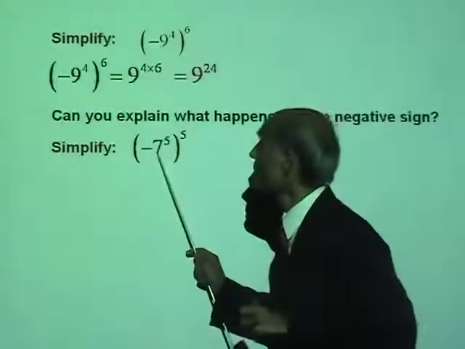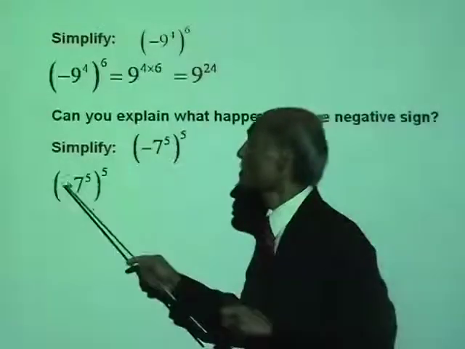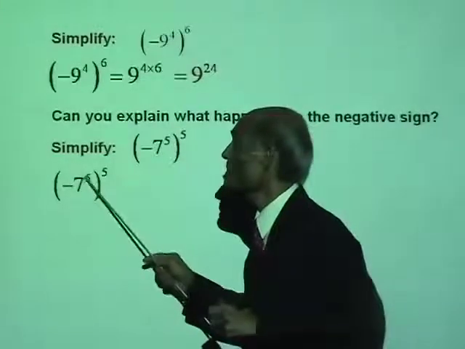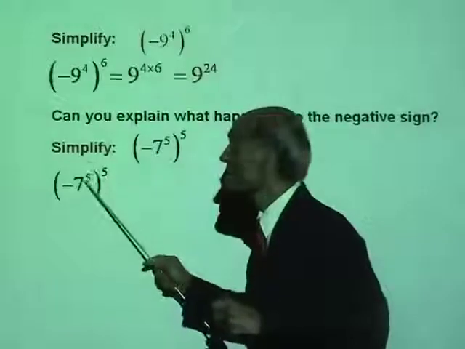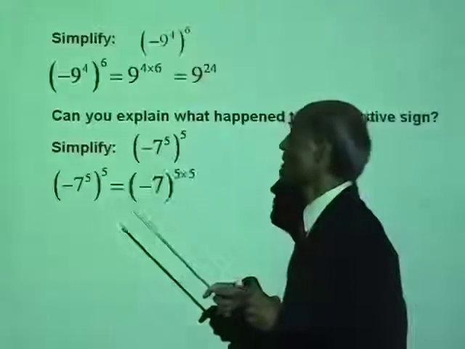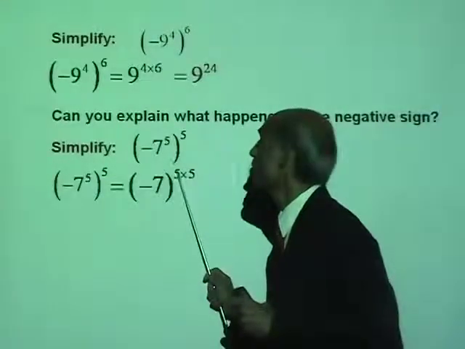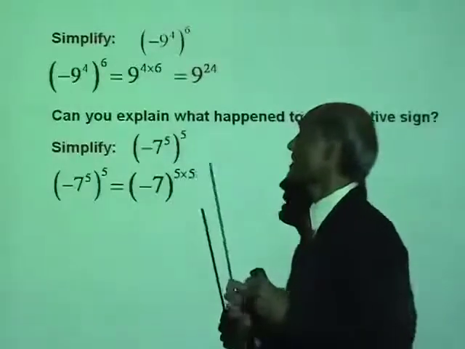And use the power rule over here. So negative 7 to the power of 5 all to the power of 5 will be negative 7 raised to the power of 5 times 5.